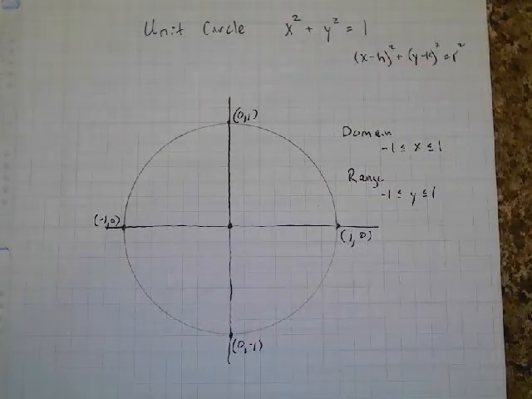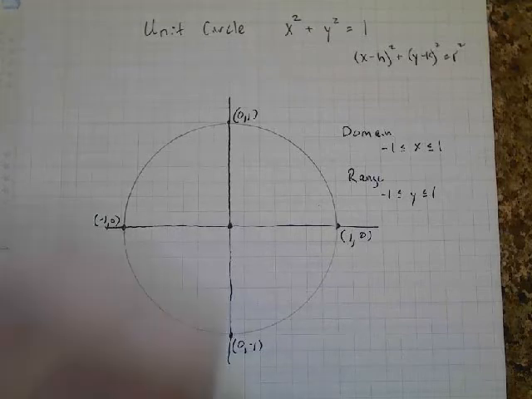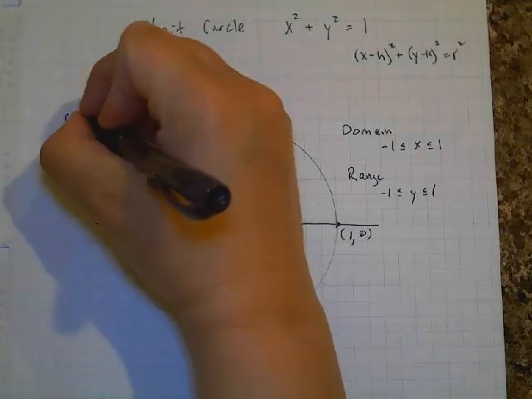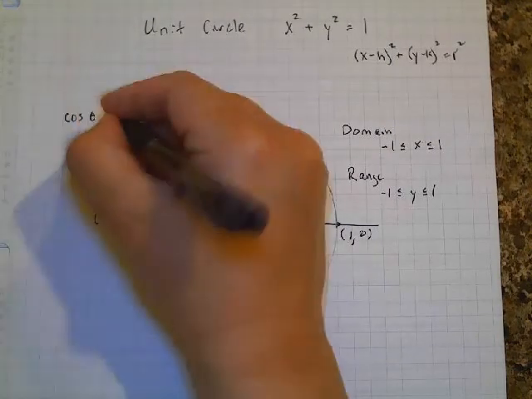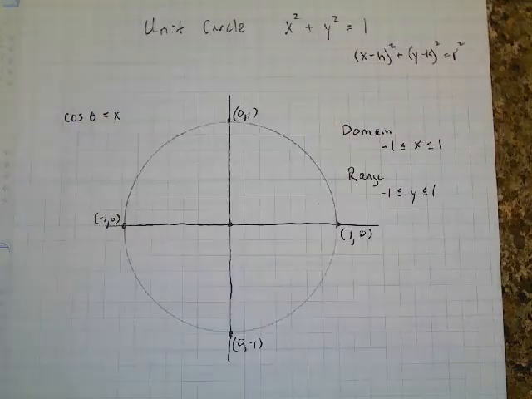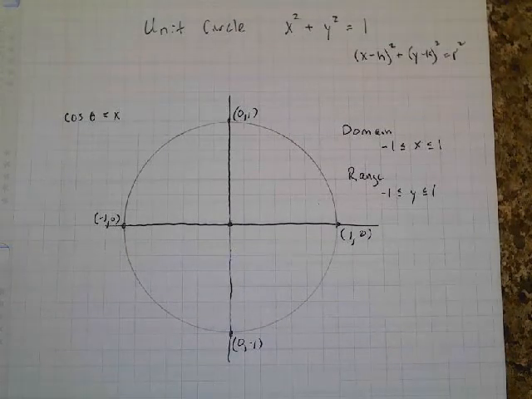The other thing I want to talk about is values for cosine, sine, and tangent. Anytime you're talking about the cosine of an angle, you can find the cosine value of that angle as the x coordinate of the ordered pair. And we'll talk about this more, and you're going to do a discovery lesson on how to find that.